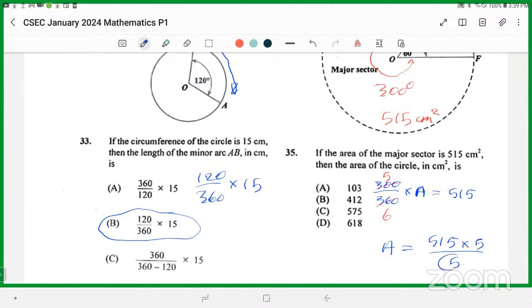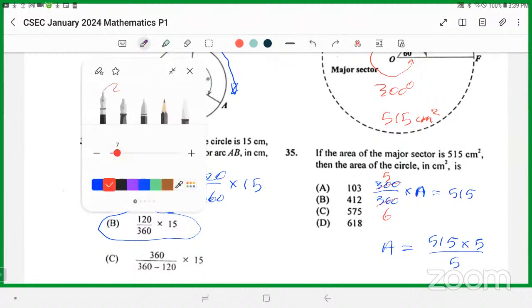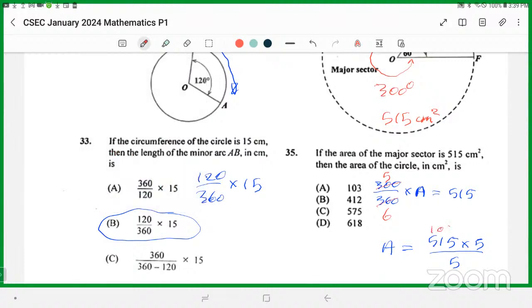All right, so the 5 can go into the 515. 5 into the 500 goes 100, and 5 into the 15 is 3, so this is 103 now.